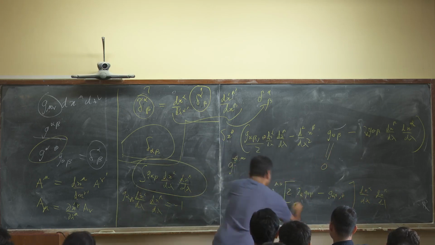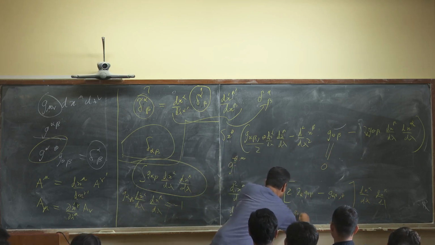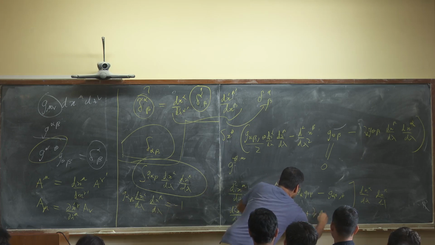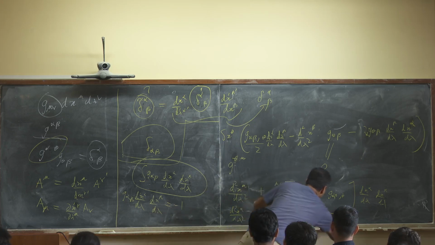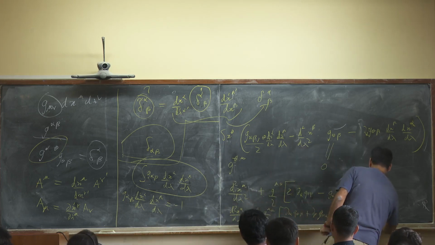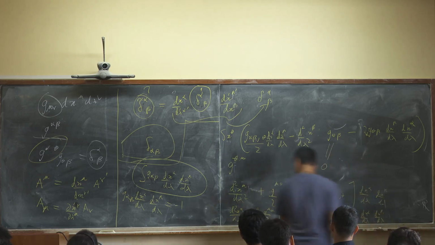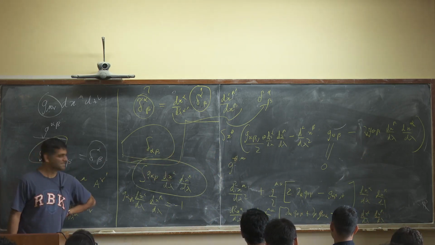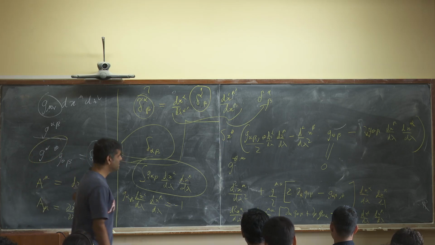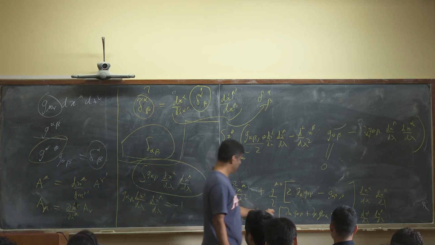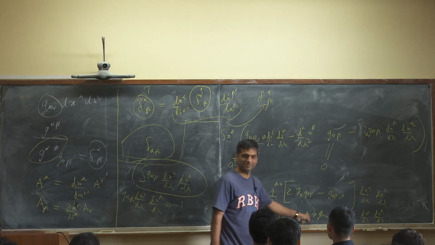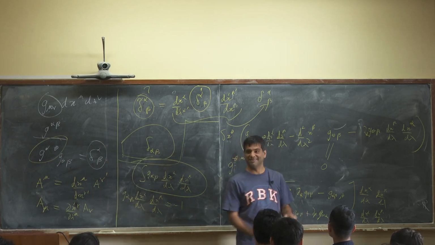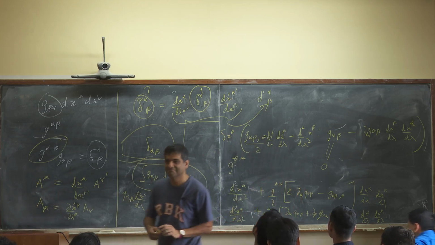So instead of 2 this, I can write del alpha g theta beta plus del beta g theta alpha minus del theta g alpha beta, times dx alpha by d lambda dx beta by d lambda. Right? Simple, stupid algebra. But what is this quantity? It's the Christoffel symbol. It's the gamma that we defined yesterday.